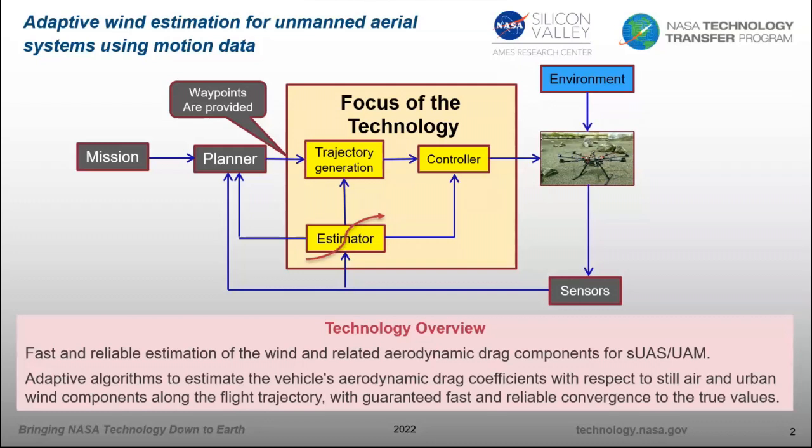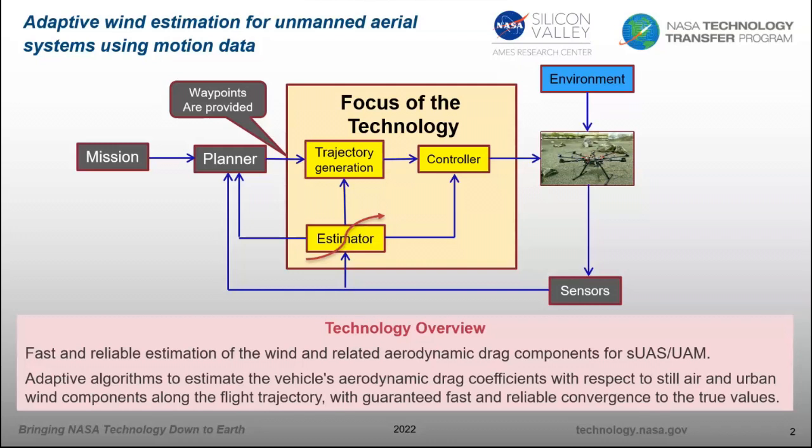That's all we need. And if we have other inputs like the electric current that's going into the motors and so on, we can improve our estimation quite a bit. But at the minimum, we need the motion sensing, which is the attitudes and the accelerations.